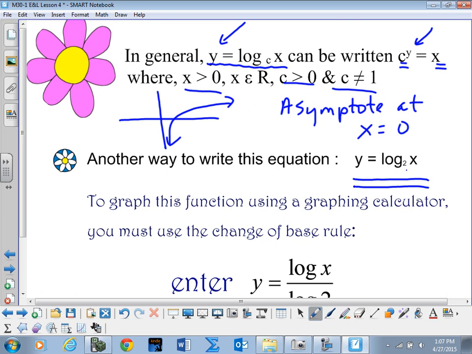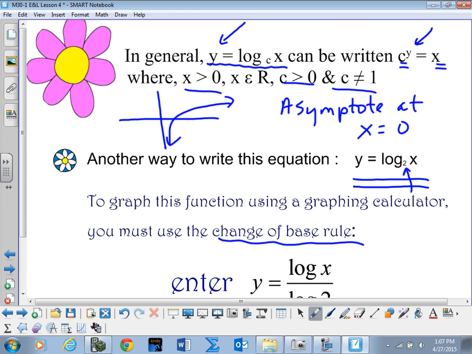Now, you can't use your calculator with base 2 because our calculator has a log button, but it is only base 10. But we can use our calculators to evaluate logs other than base 10 by using this change of base rule. That change of base rule is just useful for our calculators.